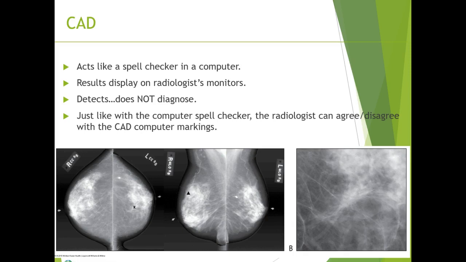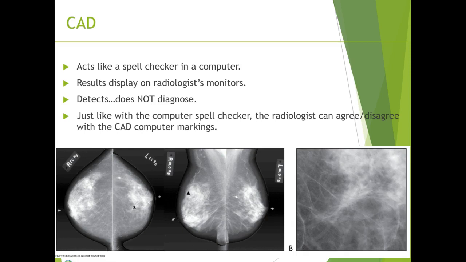If you look at this little image here, you can see where the left CC has a little X, kind of an X with an extra line through it. And then the right MLO has a little triangle. Those different markings mean different things.